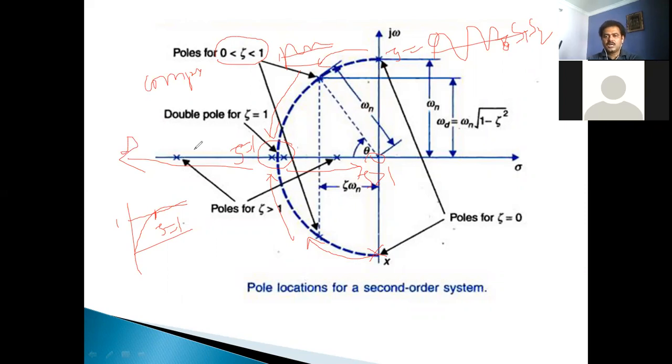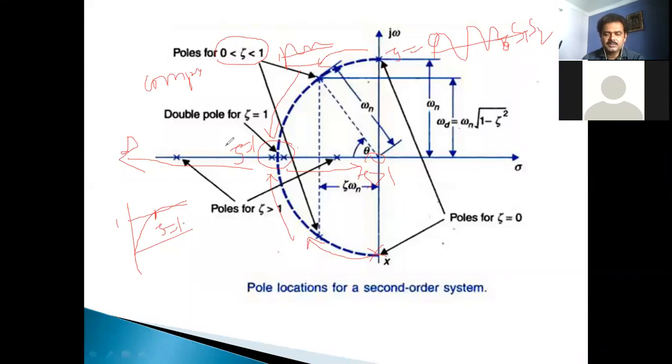So this is a pole zero diagram. Based upon the location of roots, we can guess the response, whether it is a critically damped, over damped, under damped, or undamped case.